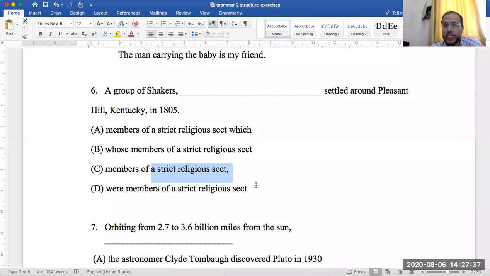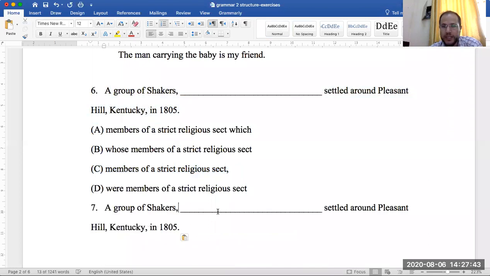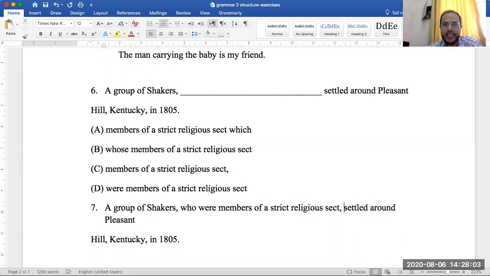Again, originally the sentence had a clause that we turned into a phrase. Originally it was: a group of Shakers who were members of a strict religious sect, close the comma.